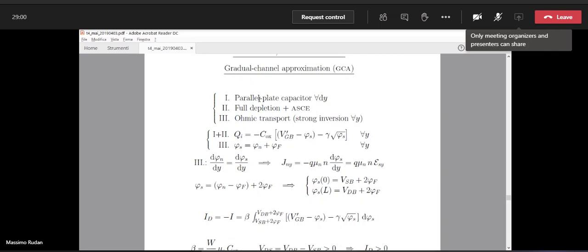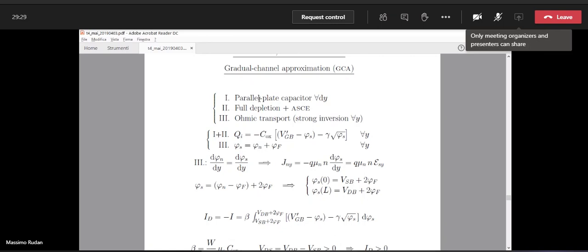But the electric field is, apart from the minus sign, the first derivative of the electric potential. So the variation of the electric field over dy as a consequence is the second derivative of the electric potential with respect to the y coordinate, okay?